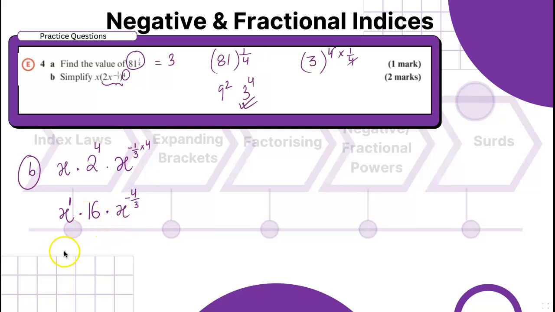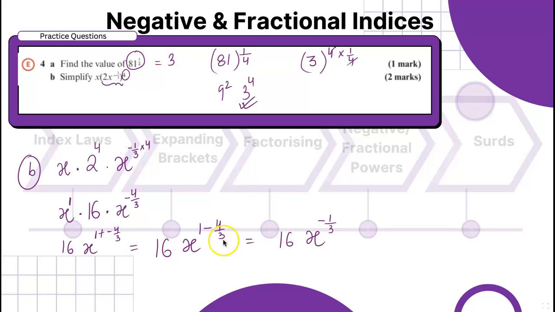Correct? Okay, 16, and we can have a product law over here. Product law is adding both indices, so 1 plus minus 4/3. So plus minus gives us a negative only, so it would be 16 x to the power 1 minus 4/3. What does that give? 16 x to the power of negative 1 over 3.